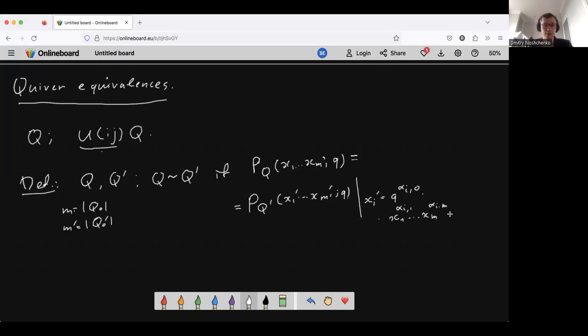So this is the general thing, and you can immediately compare it with the definition of unlinking and say that unlinking indeed generates equivalences, but perhaps it's not the only source of such equivalences. And in fact, we don't know if unlinking covers all possible equivalences.